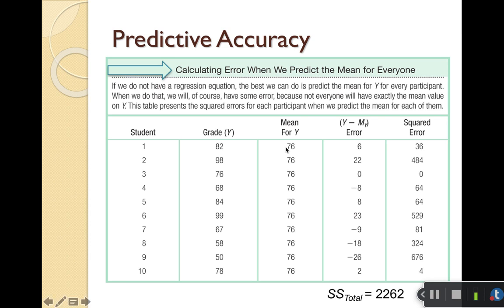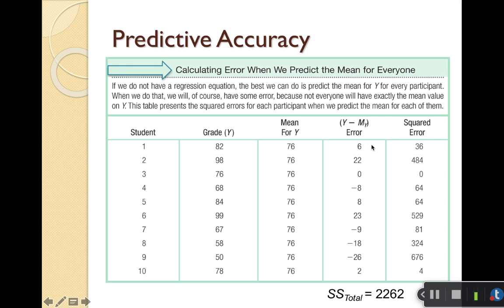What this table is doing is taking every single student, their actual grade, or Y, and seeing what would happen instead if we predicted 76 across the board, the mean. All this is doing is taking their actual grade, subtracting their predicted grade.